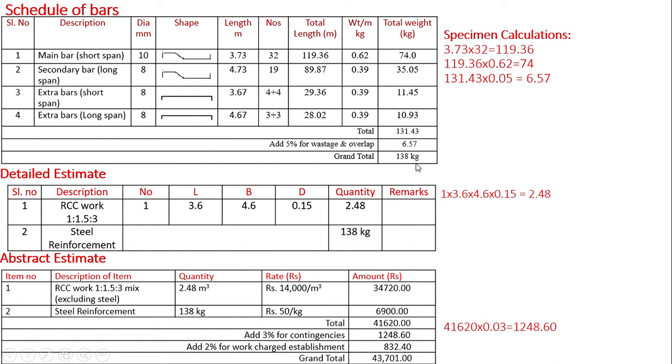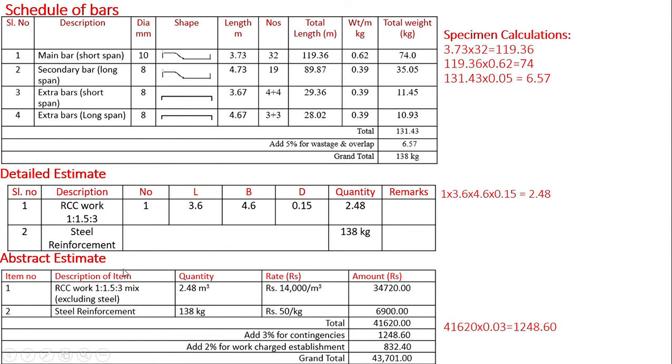In detailed estimate table, the quantity is the product of number, length, breadth and depth. Quantity of steel is copied from the upper table.